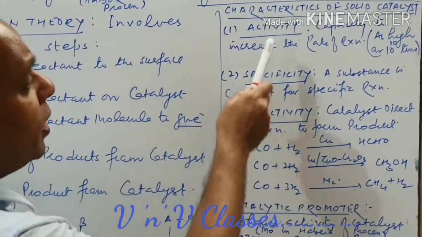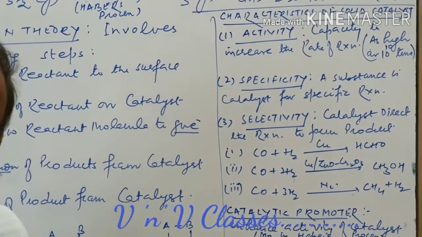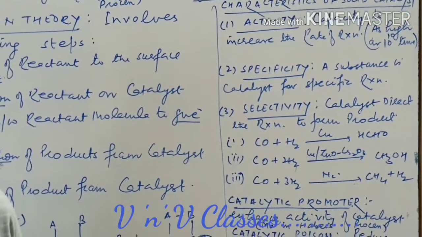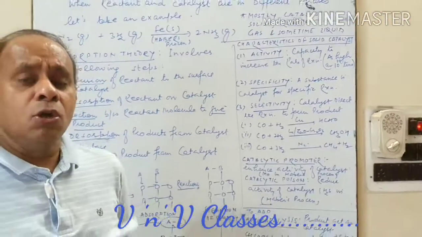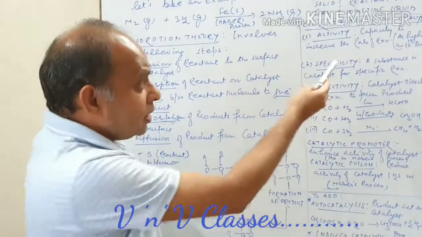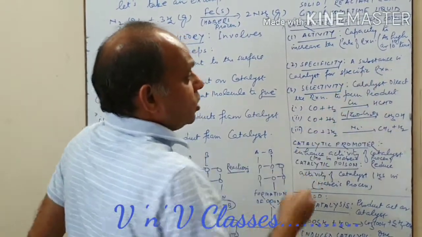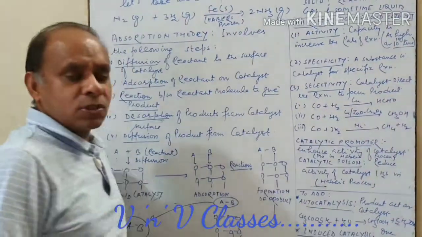The very first property is activity. Activity means the capacity of a catalyst to increase the rate of reaction. It means to what extent a catalyst can increase the rate of reaction. As it is written here, a catalyst can increase the rate of reaction as high as 10 raised to the power 10 times.